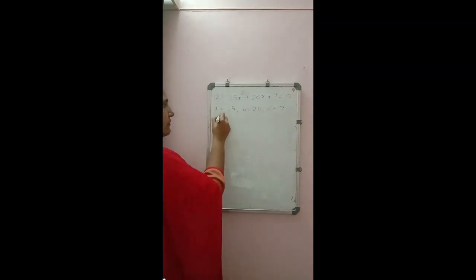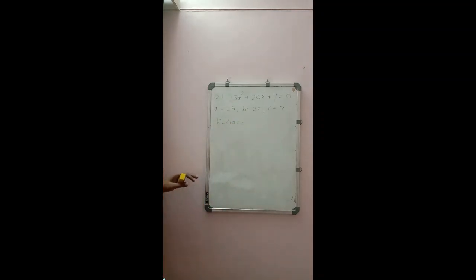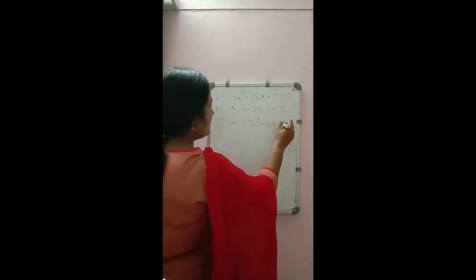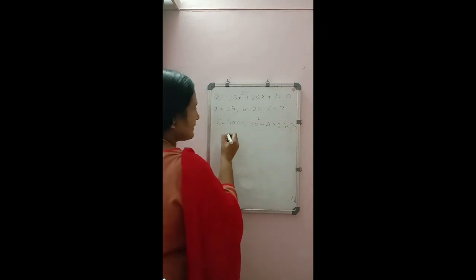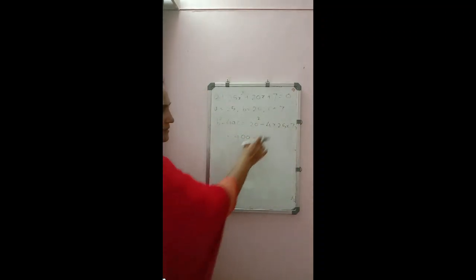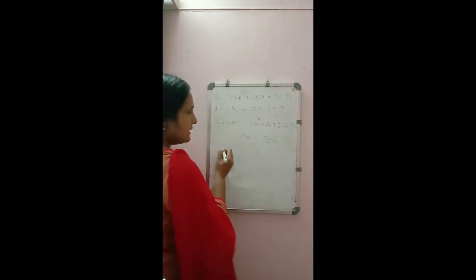We will calculate the value of b square minus 4ac to find out the nature of roots. So it will be equal to 20 square minus 4 into 25 into 7. 20 square will be equal to 400, minus 25 4s are 100, 100 into 7 will be equal to 700.